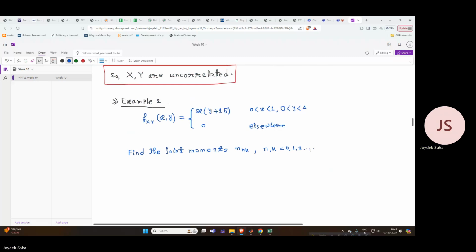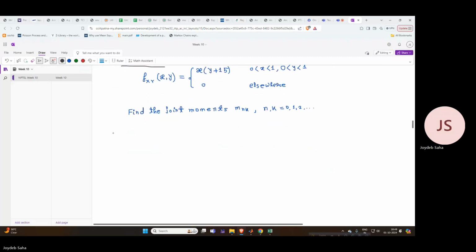So the joint moment, how can we calculate? Let us try to calculate.